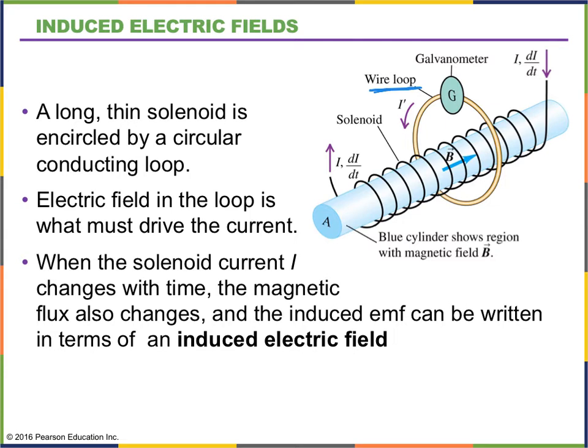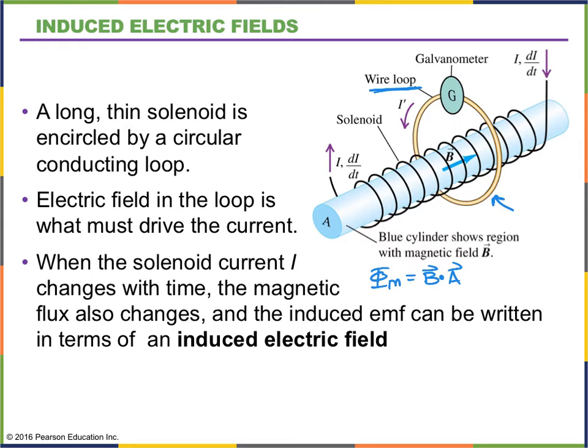Because of that, there would be a flux through our wire loop, the one on the outside of the solenoid, because magnetic flux is B dot A.